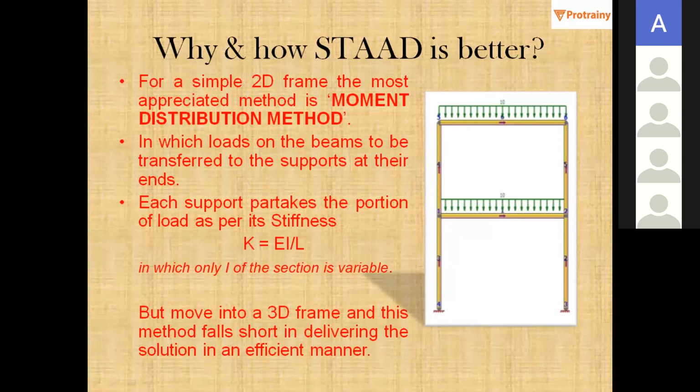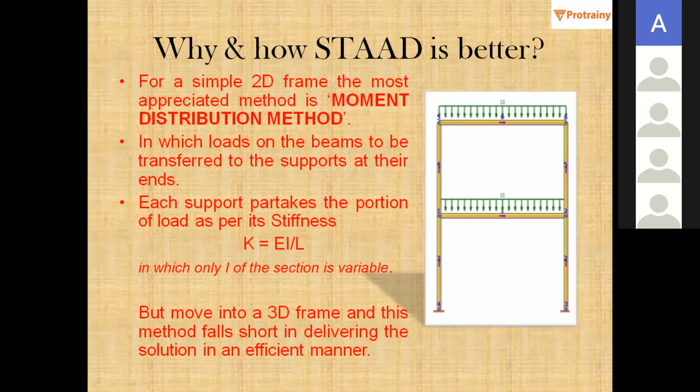If you have a 3D frame, you need to divide your frame according to axis, and then you can go on. And the second thing is that it is okay up to a certain story height, like 5-story or 6-story. After that, it's a very cumbersome job.